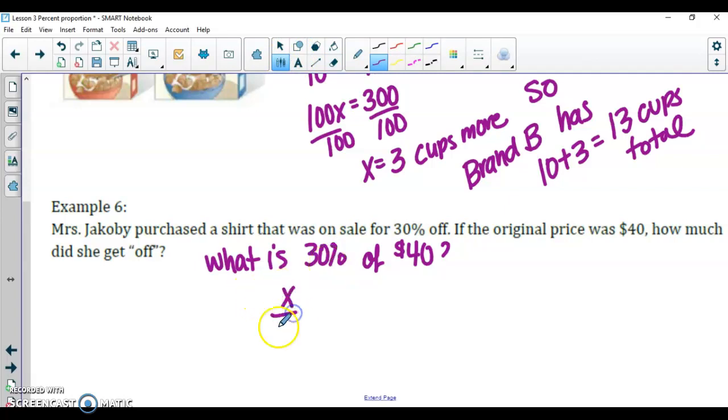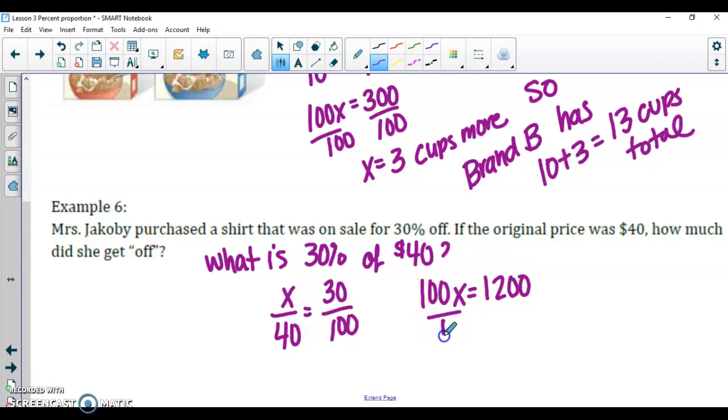Using the percent proportion, I have x over 40 equals 30 over 100. Cross multiply, that gives me 100x equals 1200. Divide by 100, and x equals 12. So she would get $12 off. And that's the end of your lesson for today.